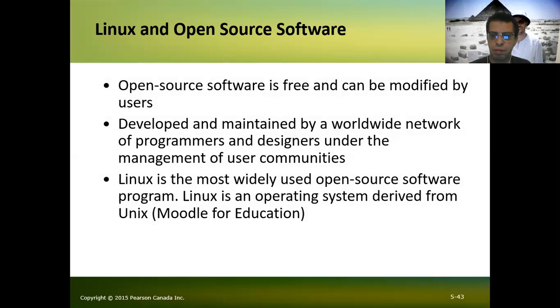The earliest application that used open source software is Linux, and open source software is free and can be modified by the users. These days, lots of universities utilize Moodle, developed in Australia for education, and it's open source, and you can develop it further.